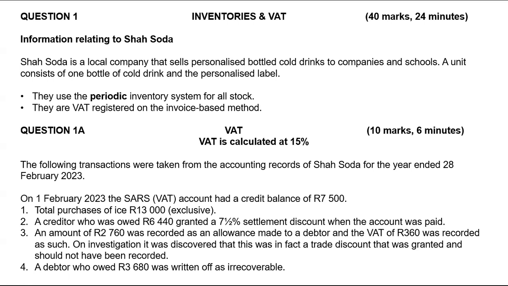And immediately when we record it as an allowance, it gives rise to VAT input. So basically what happened is that everything was recorded correctly. And then we did a wrong thing by recording the allowance, kicking in VAT input. And that was wrong.